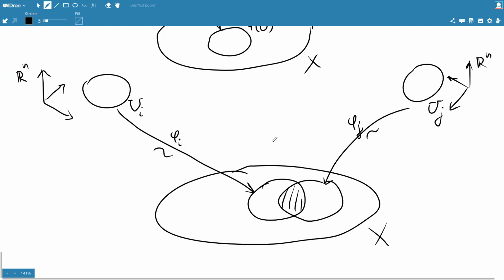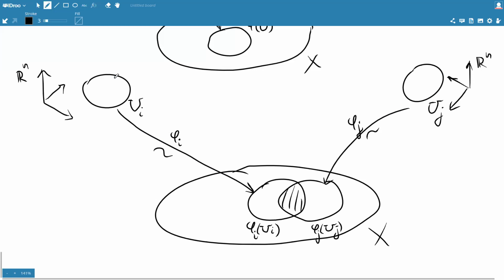Then we take just the preimage of their intersection. So this is phi_i of U_i, respectively phi_j of U_j.